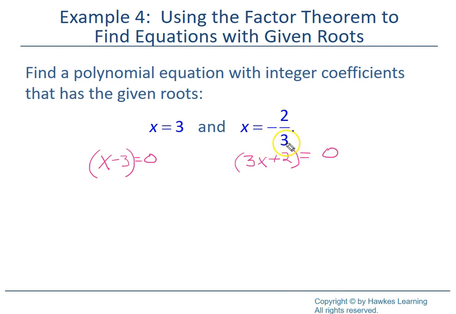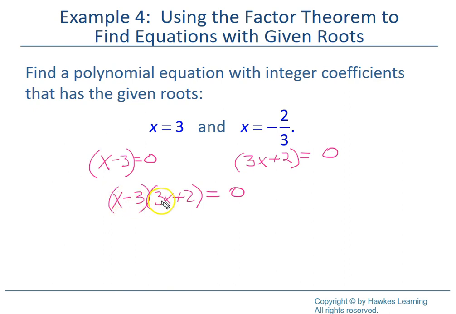So when we solve this, the 2 came over as a negative 2, and we divided it by 3, and we got this. So this becomes this. Now, once we've done that, it's just a matter of x minus 3, 3x plus 2 equals 0.